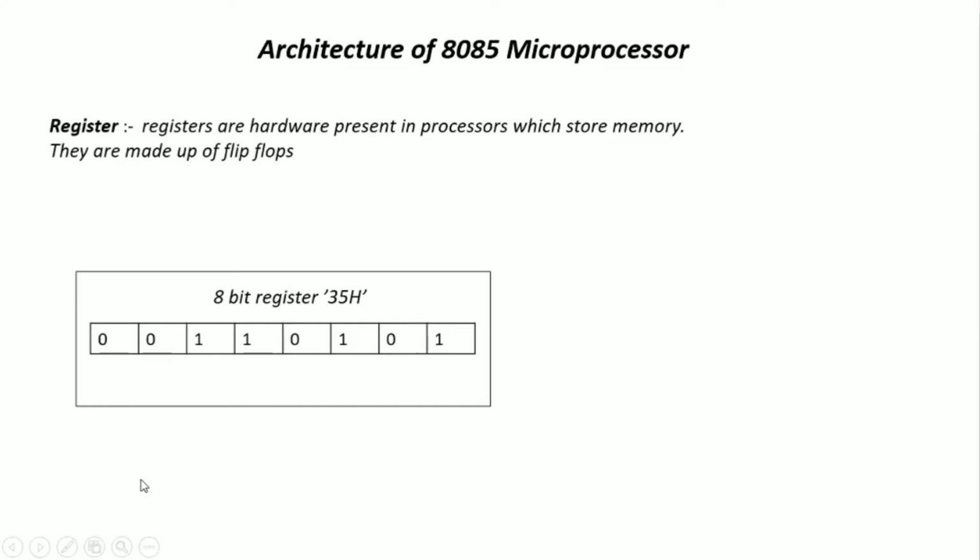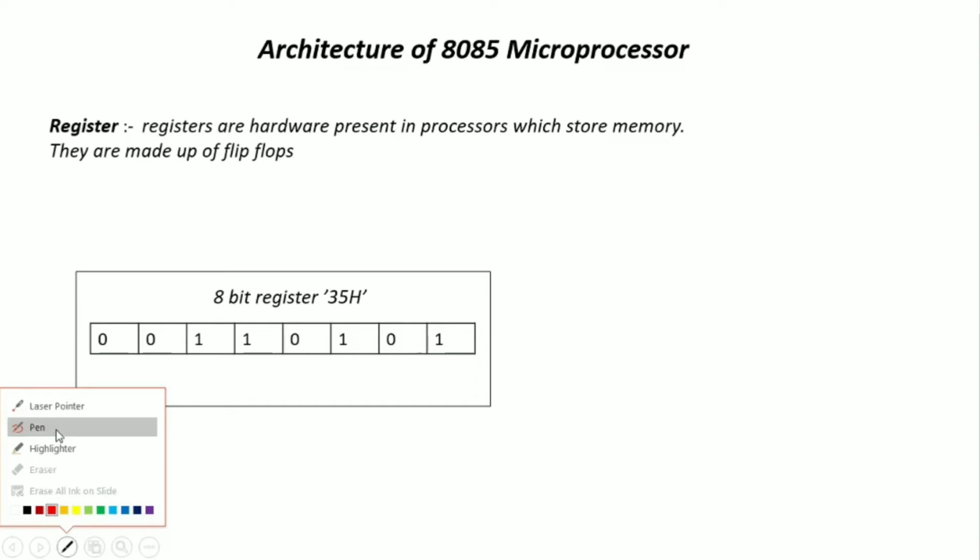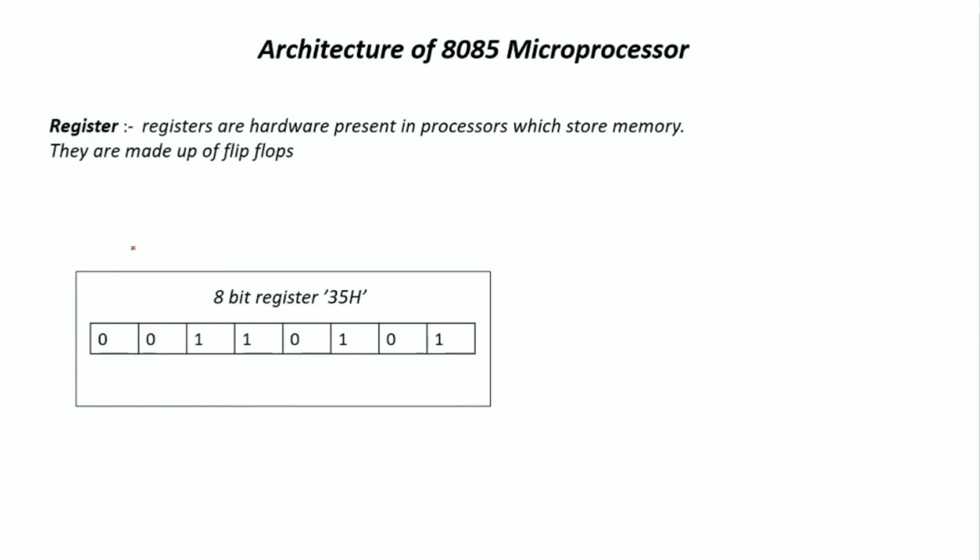If you want to understand how I have done this, it's just a simple rule. Let me use my pen and explain. You have to remember this rule: 8, 4, 2 and 1. This rule is used for making binary numbers.